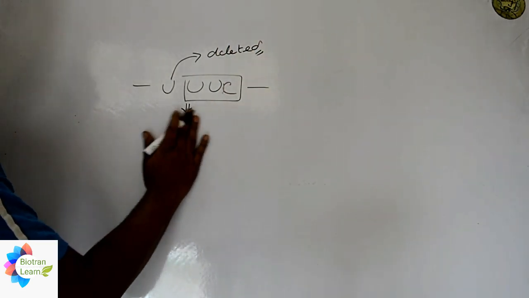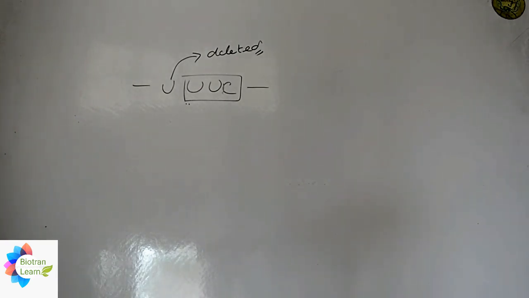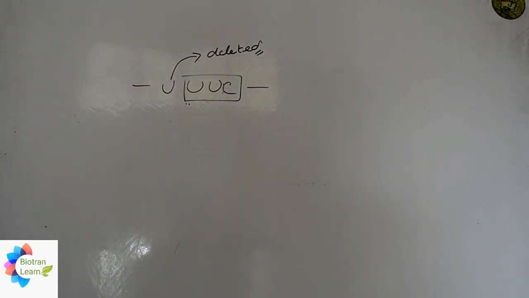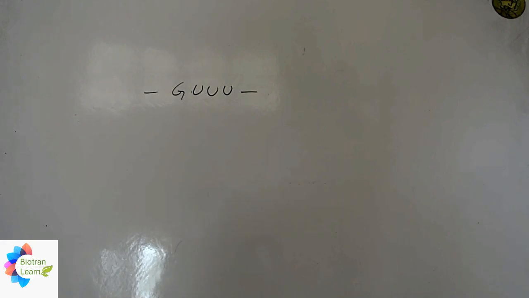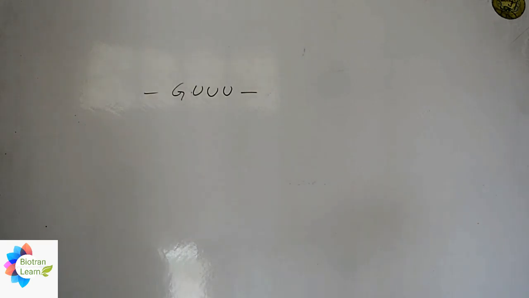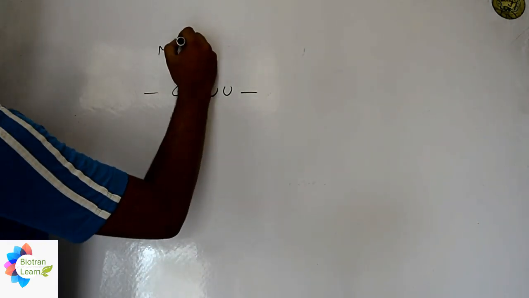So the amino acid in this particular section will be changed. Now suppose we have a different codon, or maybe we can have an alteration. Now let's see what kind of mutation can be done by the deletion process, right? So we are going here through mutations.